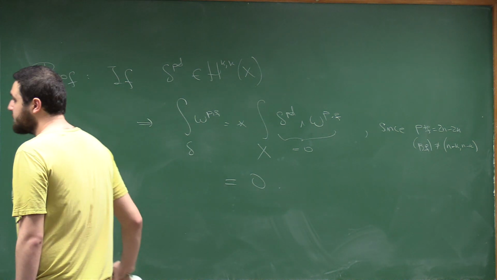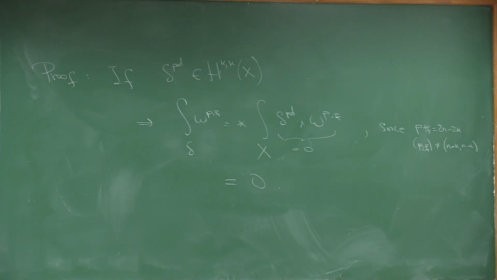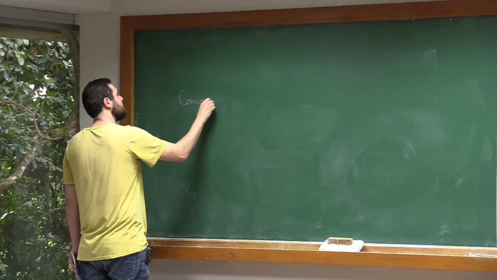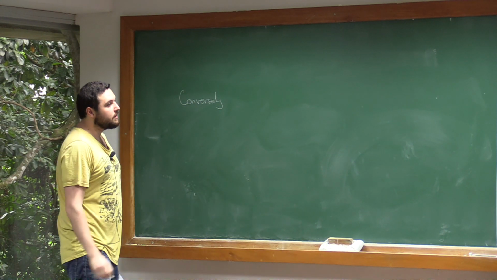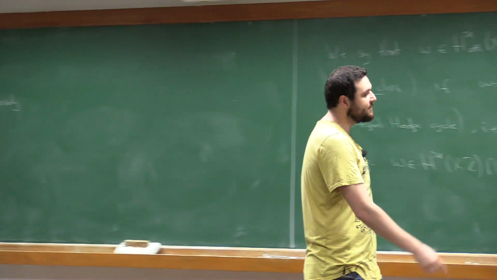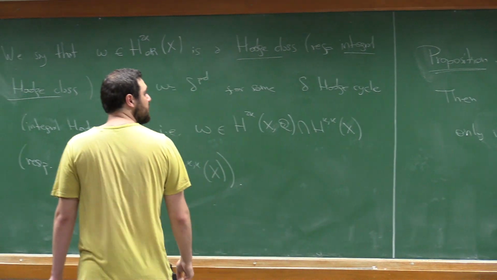And conversely, assume that we have a delta such that all these integrals are 0, right?